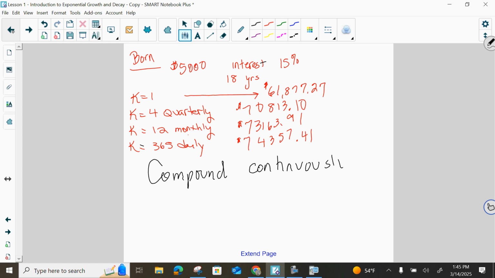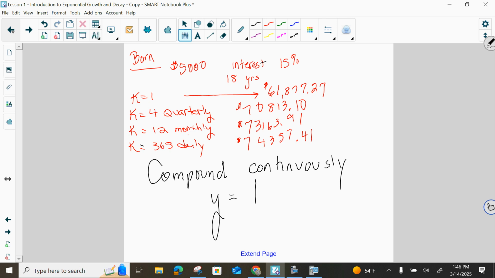What that means is you put this $5,000 in the bank. You set up a scenario on a computer to just automatically keep on giving you money. It calculates it. As soon as it's done, it does it again, and so forth. So this is called the compound continuous formula.